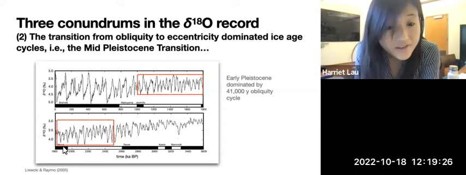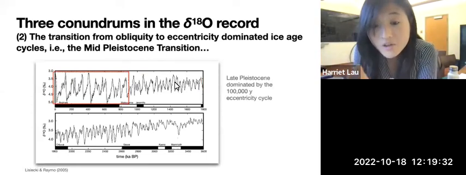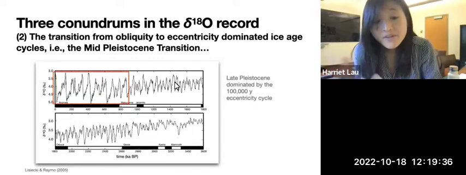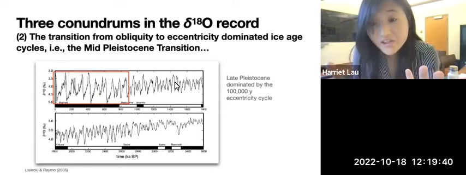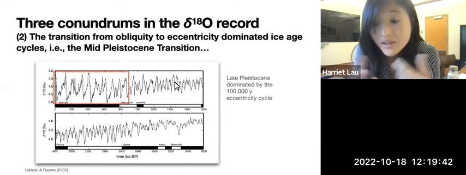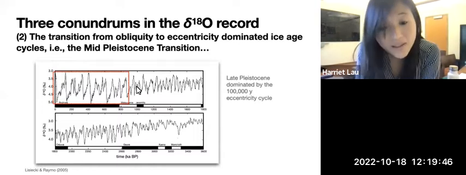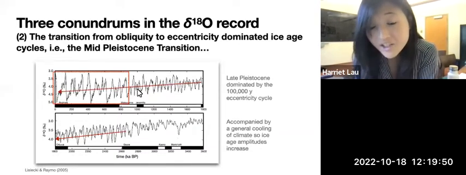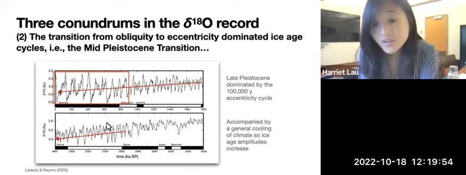So this is around this period shown in red, until mysteriously switching to the 100,000 year cycle that we've had for the last million years. So nothing about Milankovitch's cycles, the forcing, has changed, and yet Earth's response to this has. This transition is what we call the Mid Pleistocene Transition. This was also accompanied by a general cooling of the climate so that the ice age amplitudes increased to today.